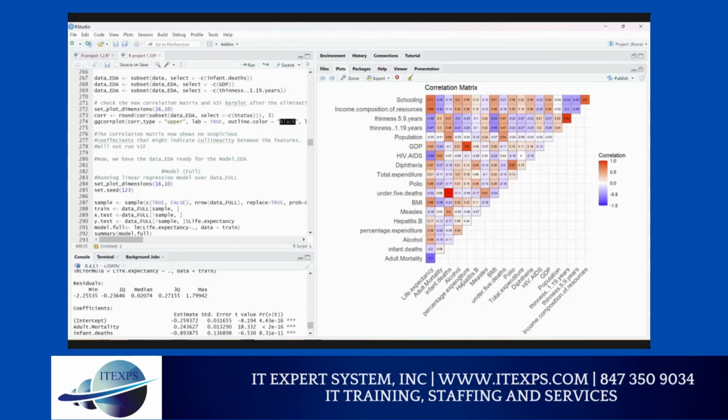So they really reflect each other, they repeat each other. And in a linear model we cannot use such predictors, because they might ruin our model. We need to get out of it, because it will not be a correct model.